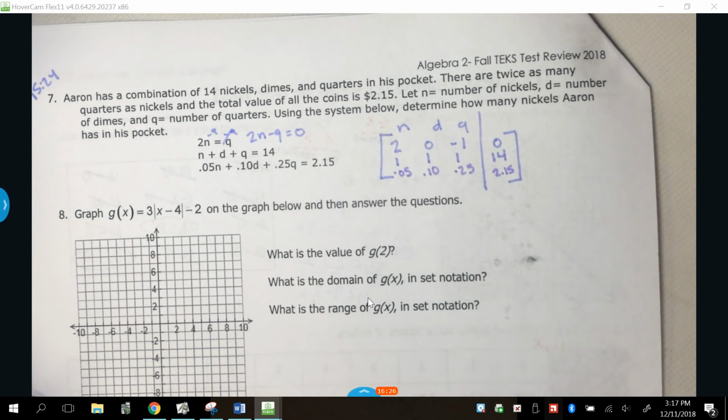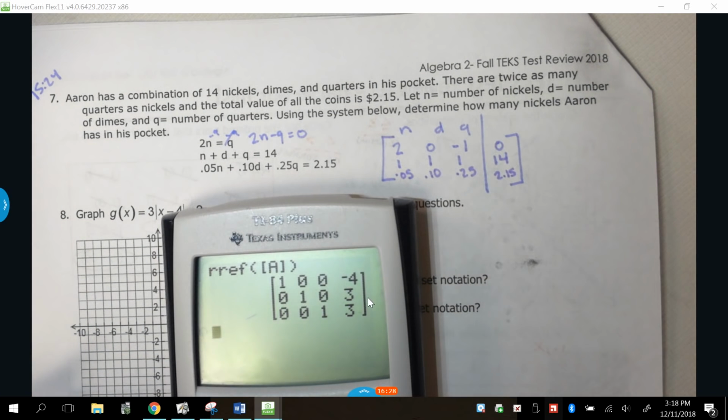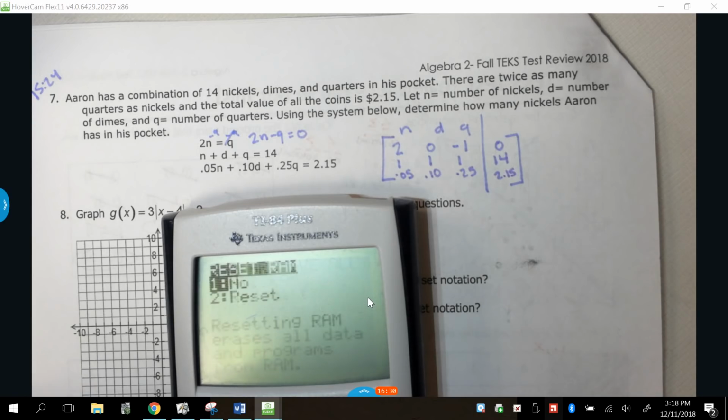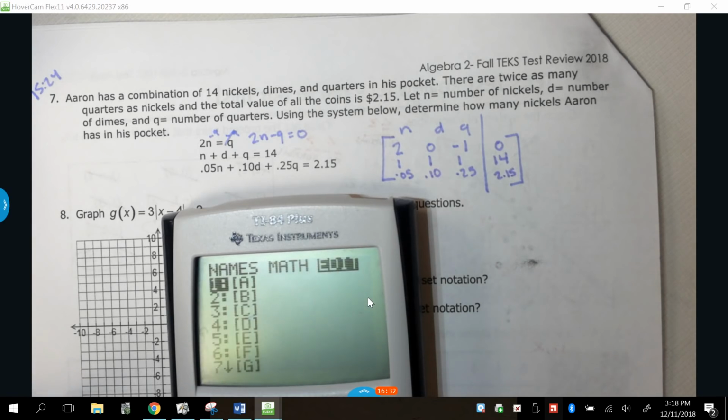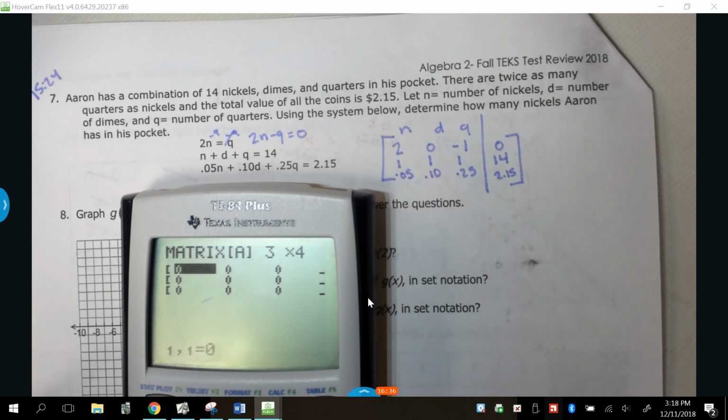Okay, so now I'm going to go back to my calculator, clear it out, second matrix. Again, this is a 3 by 4. So 2, 0, -1, 0, 1, 1, 1, 14, 0.05, 0.10, 0.25, 2.15.